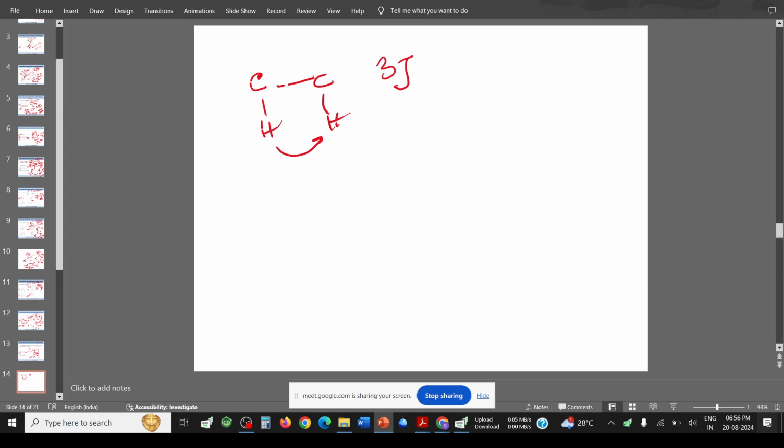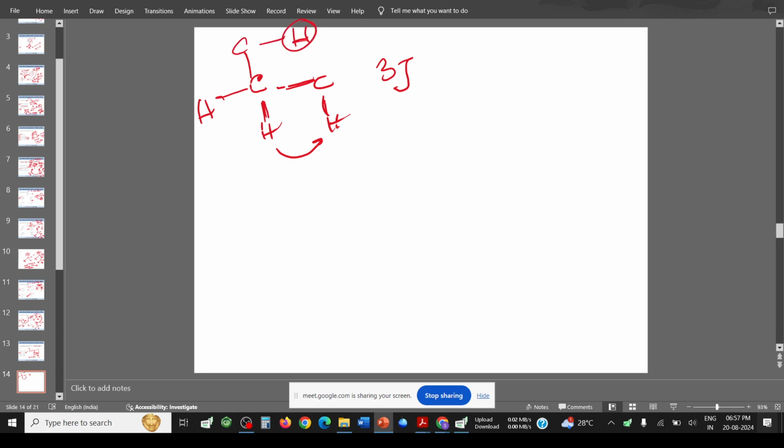You know this 3J coupling? It is separated by 3 bonds: hydrogen, hydrogen, separated by 1, 2, 3 bonds. That's why it is called the 3J coupling. So when we are considering proton NMR, we have 3J coupling. If it is separated by another atom, like this hydrogen and this hydrogen, then that will be 4 bonds. These two, if we consider, will be 4J coupling.